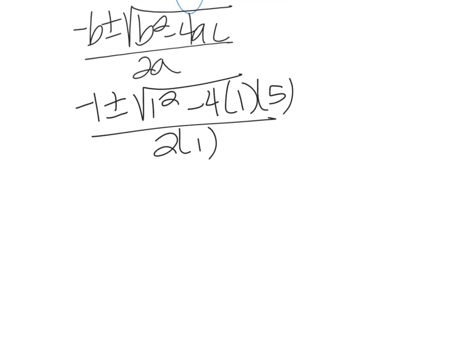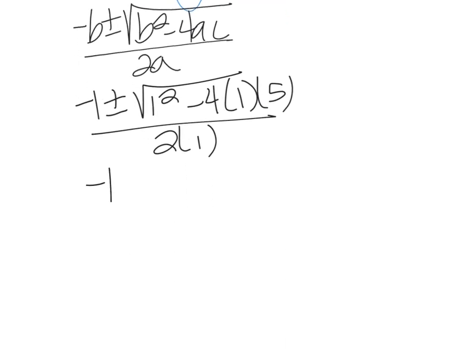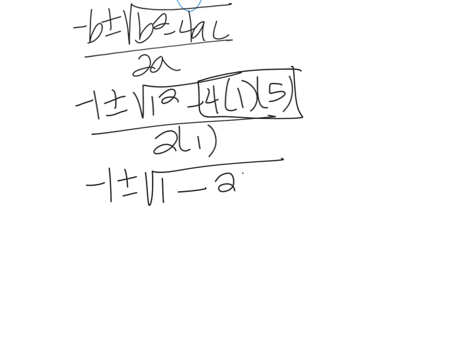So we need to simplify this a little bit. Negative 1 plus or minus the square root of 1 minus, I'm going to multiply all of that, and I get 4 times 1 is 4 times 5 is 20. 1 minus 20 all over 2.